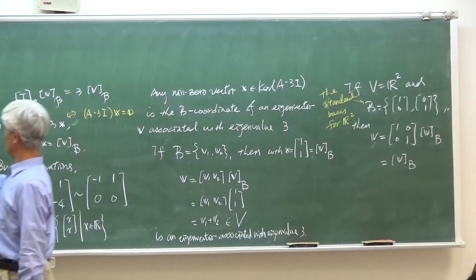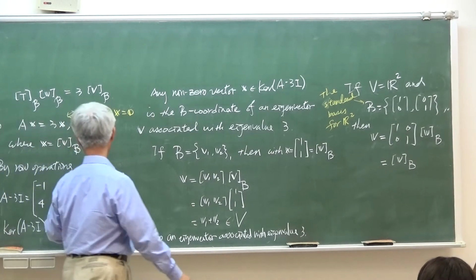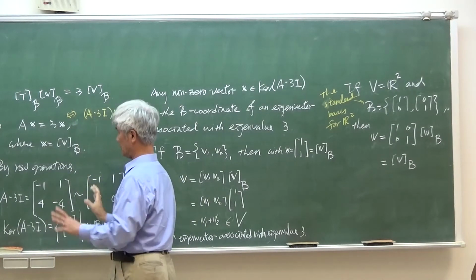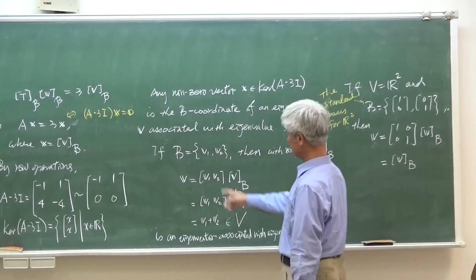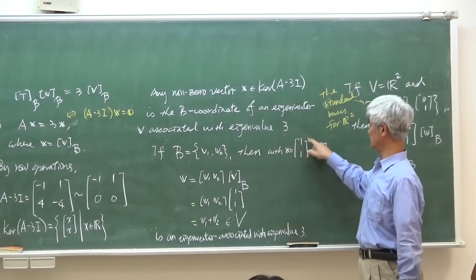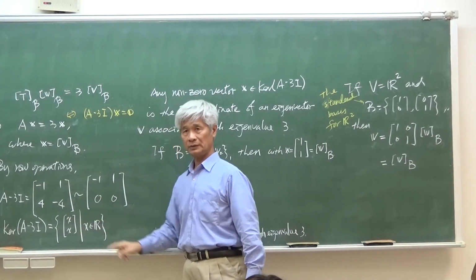So anyway, you can see that by solving the kernel of this matrix, you can find eigenvectors. Other eigenvectors are just scalar multiples of these special vectors, because it takes the form like this.